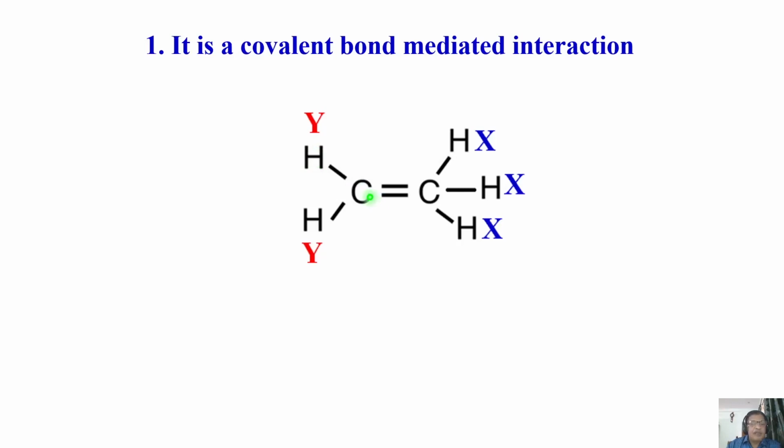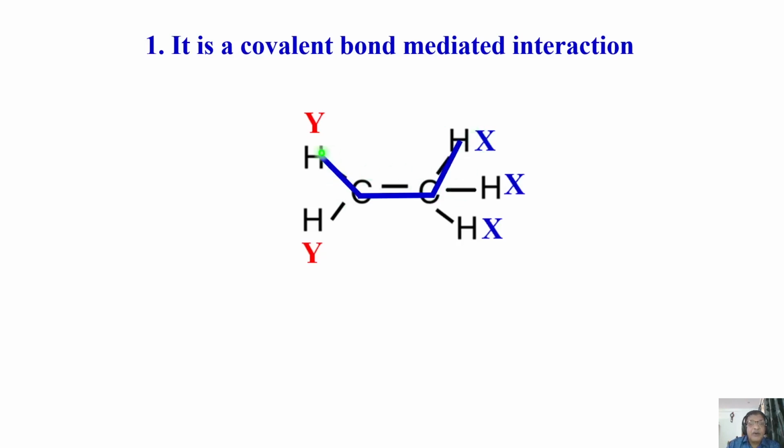Because of that, both Fermi contact, Pauli principle, and then again Fermi contact. Like that, it keeps on going. So the magnetization or polarization of this proton is transferred to this carbon through bond, and this carbon to this proton through bond. So it's a covalent bond mediated interaction like this.